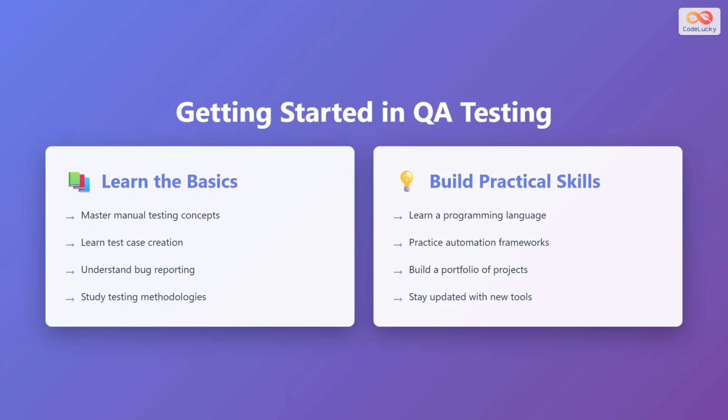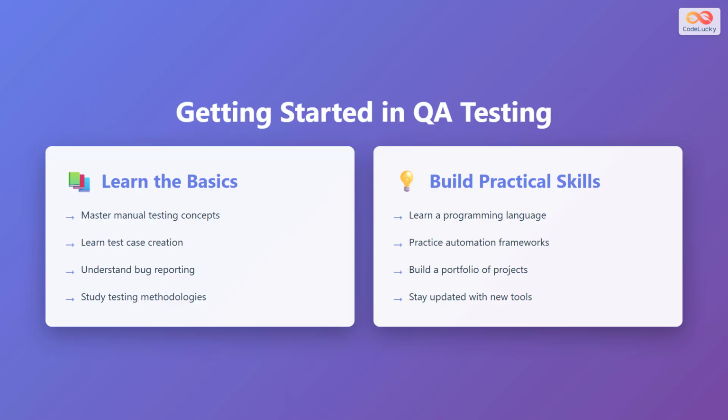If you're interested in becoming a QA engineer, here's how to start. First, learn the basics of manual testing, including test case creation and bug reporting methodology. Study different testing approaches and understand quality assurance principles. Second, build practical skills by learning a programming language that aligns with your goals. Practice using automation frameworks and tools.